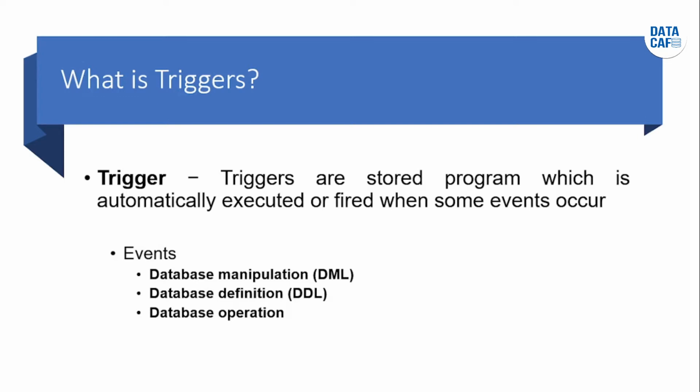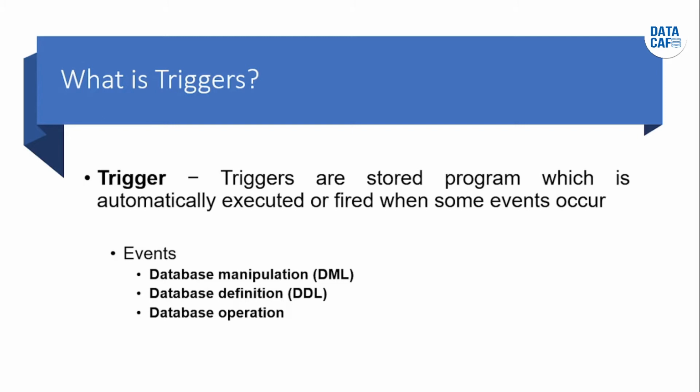There can be different types of events. Mainly we have three events. One is database manipulations, DML, like a delete statement or update statement. When executed, it will trigger the PLSQL trigger. The second one is database definitions, DDLs, statements like create, alter and drop.